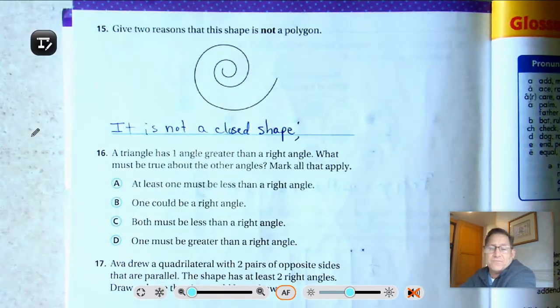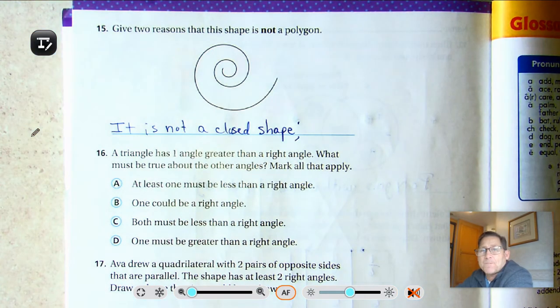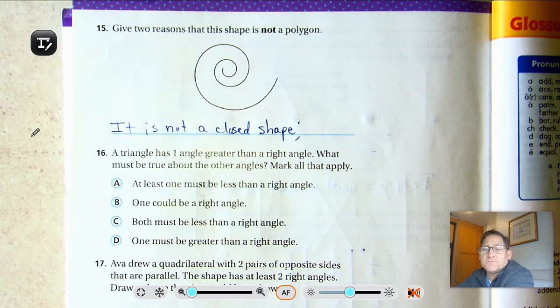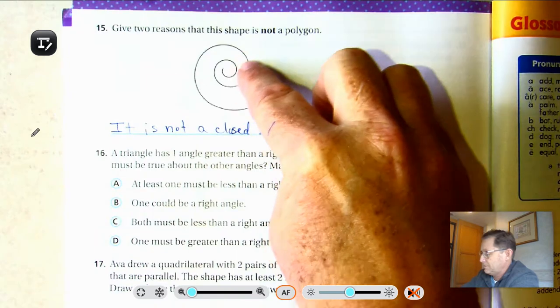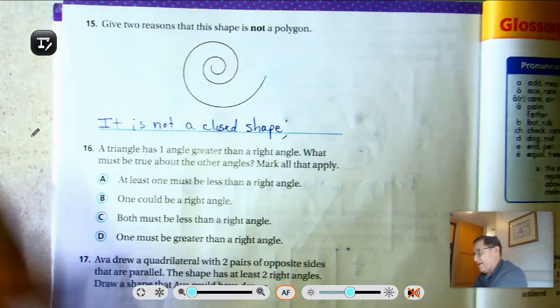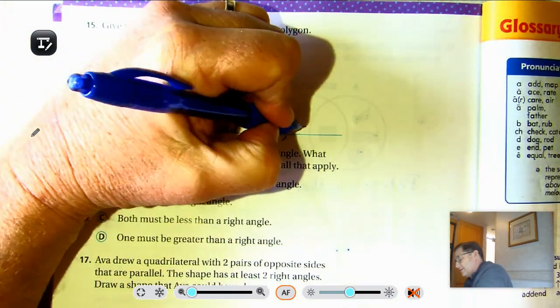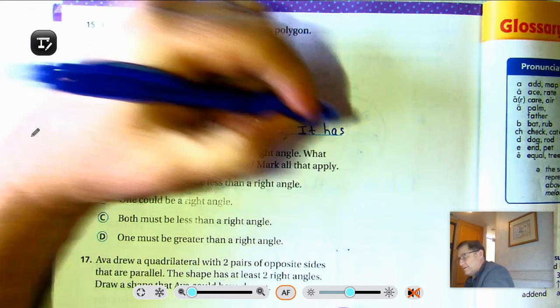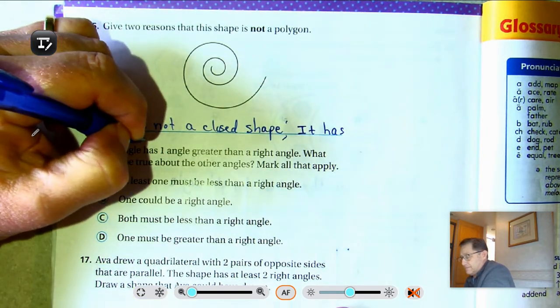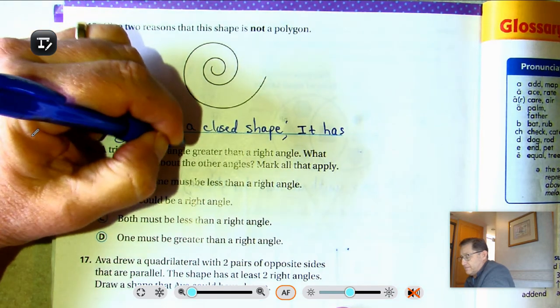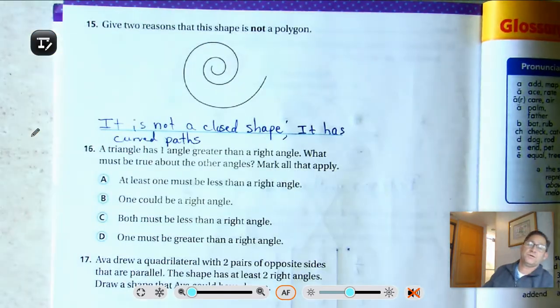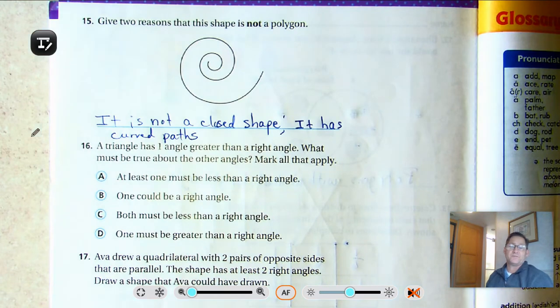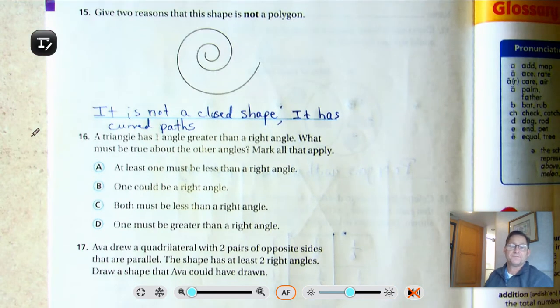And the second important thing is that it cannot have curved paths. This is just one big curved path. So there's 2 reasons it's not a polygon. It has curved paths. It's not a closed shape.